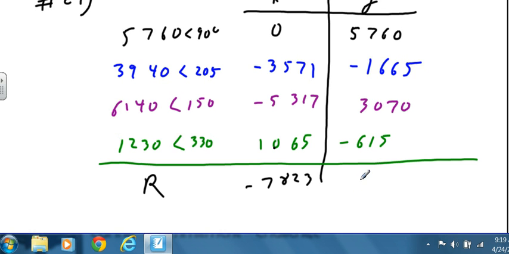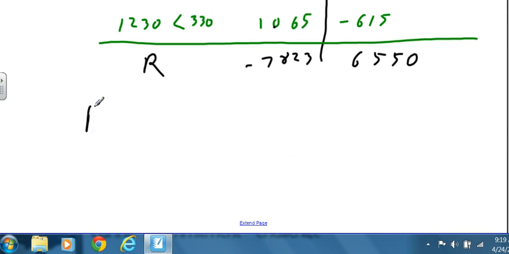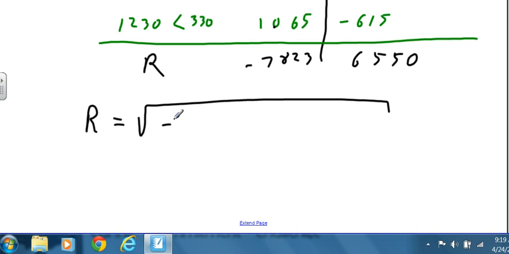That's going to be a positive number. Cool. 6550. Then I'm going to find r, the square root of minus 7823 squared plus 6550 squared.